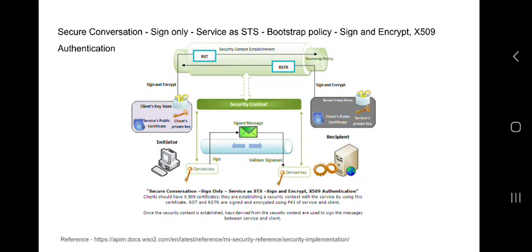But to get hold of that session specific key, now you see that secure context environment section at the top of it, you send what is called a request security token, RST. And to request that security token, clients will use their X509 certificate.